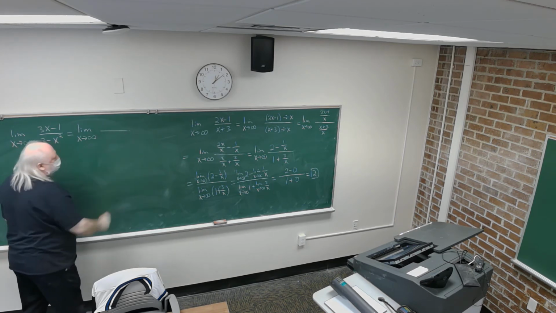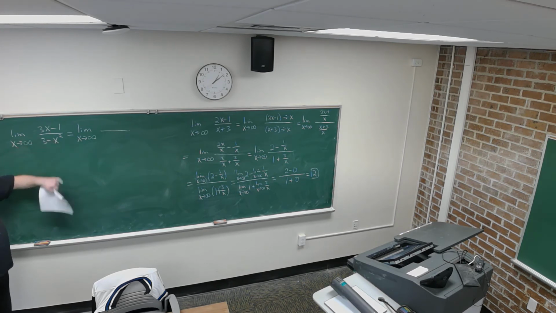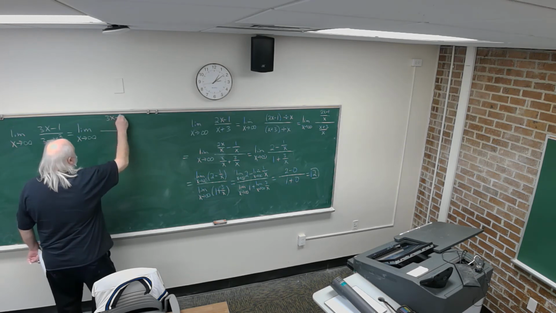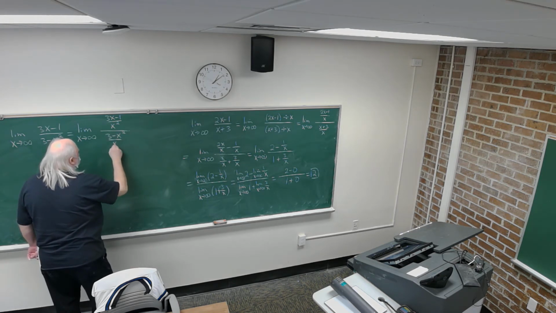So we're going to divide. The largest power of x in the denominator is x squared. So we're going to divide top and bottom by x squared. So we have (3x minus 1) over x squared over (3 minus x squared) over x squared.